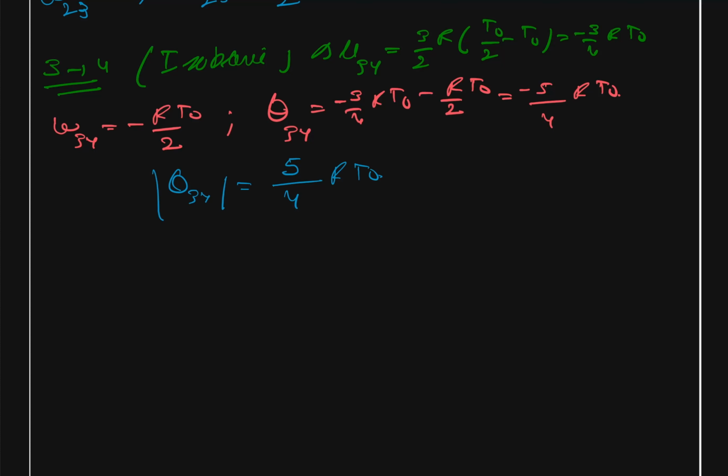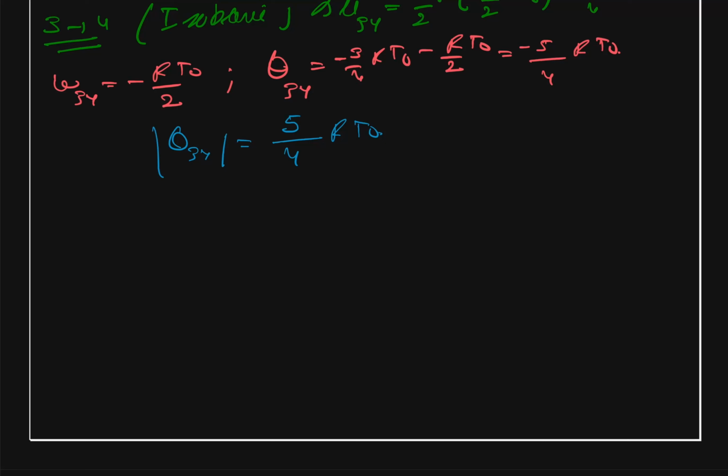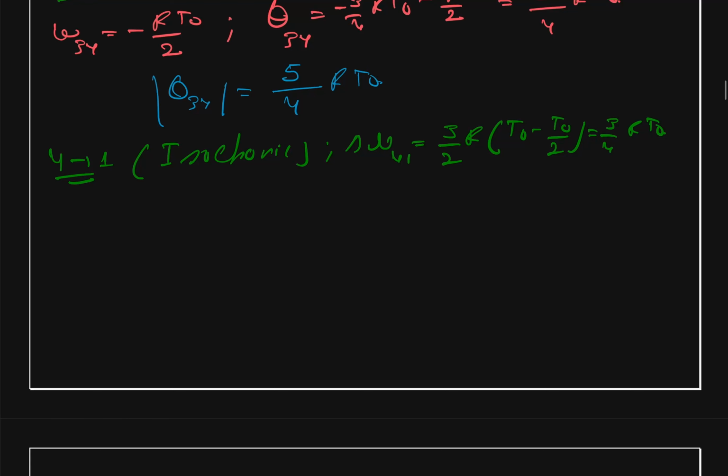And finally, we have 4, 1, which was isochoric. The internal energy change for 4, 1 will be equal to 3 by 2 R times (T naught minus T naught by 2), which gives us 3 by 4 R T naught, and its work done we know is 0.